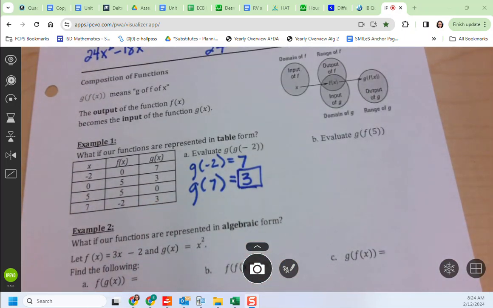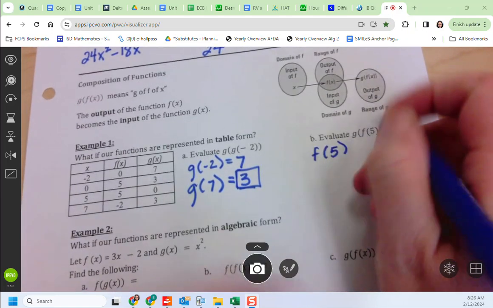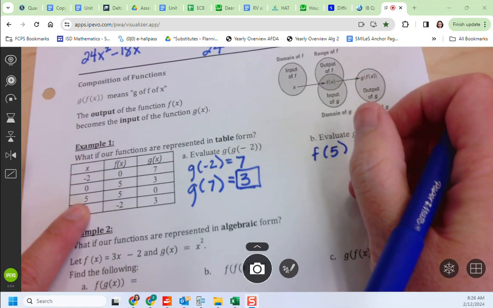Okay. I know that it's not easy to follow right away, but I want you to try the next one. It says g of f of 5. You're going to start on the inside, by doing f of 5. So you have to look when x is 5, what is function f?